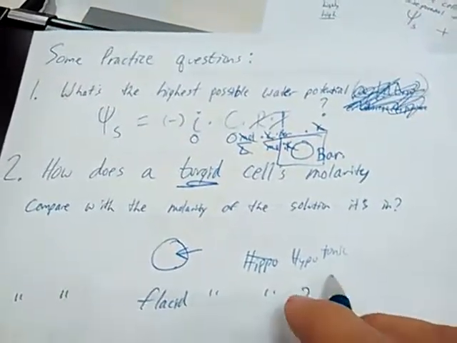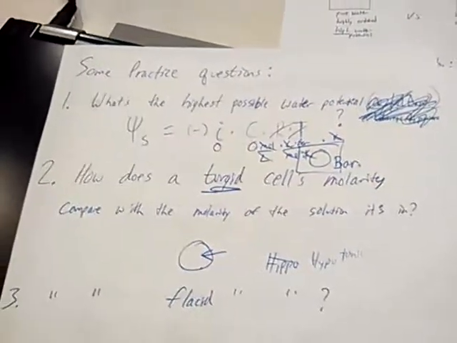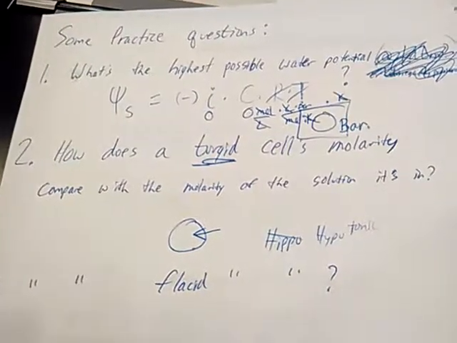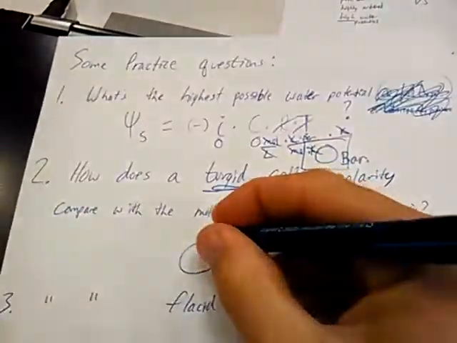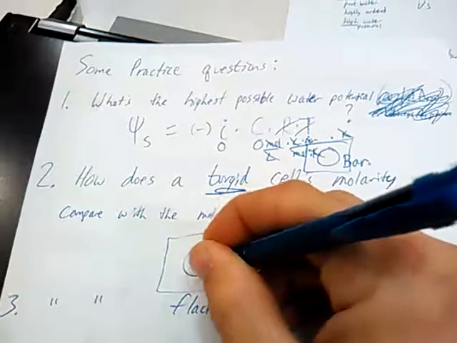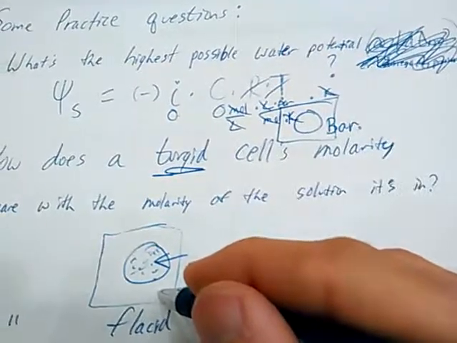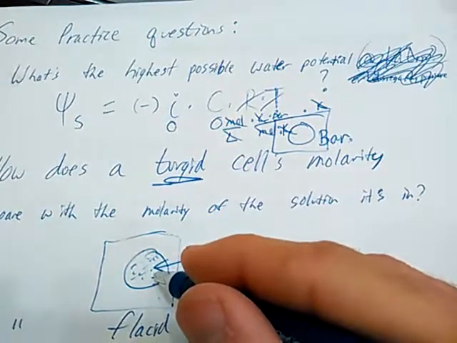solution. All right, so we just got to go back to our concept of what hypotonic is. And hypotonic is when we've got a lot of stuff on the inside, not a lot on the outside as far as solute, and the water goes inside.